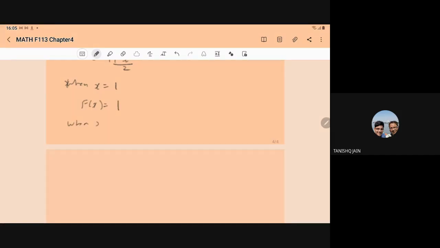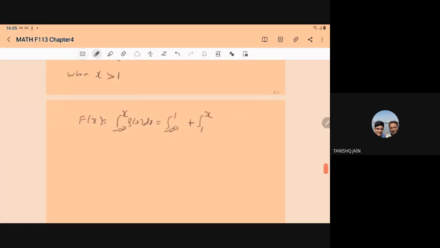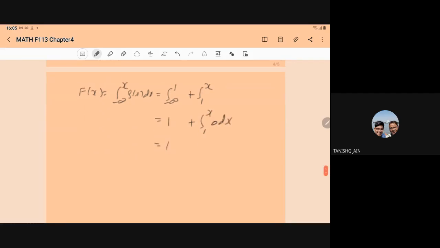When x is greater than 1, F(x) will be the integral from minus infinity to x of f(x) dx, which can be written as minus infinity to 1 plus 1 to x. So for this it is 1 plus the integral from 1 to x of 0 dx, that is equal to 1.